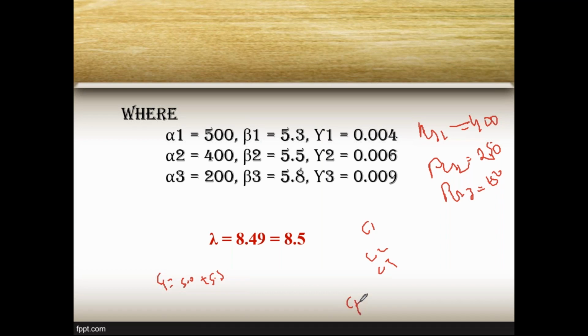After that, you will get the total cost CT equals C1 plus C2 plus C3. So find the C1, C2, C3 values.